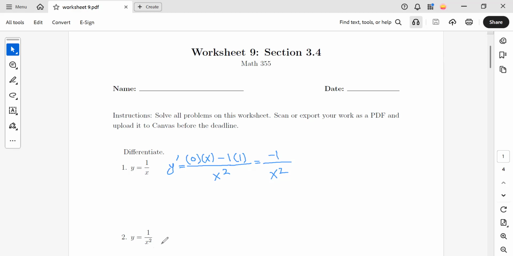Number 2 can be also done by writing this as x to the power -2 and then use power rule. But in here, we're going to use quotient rule.